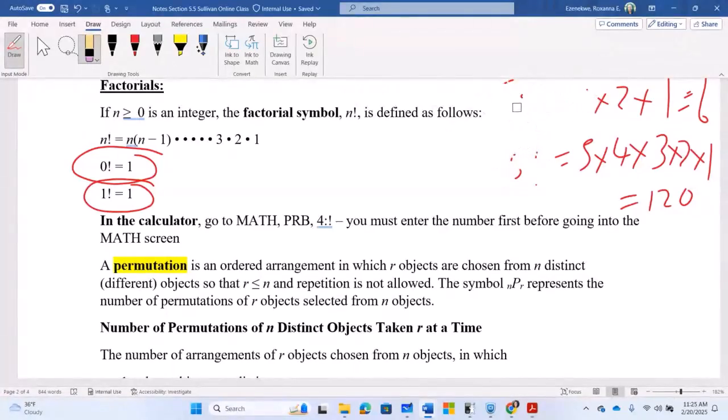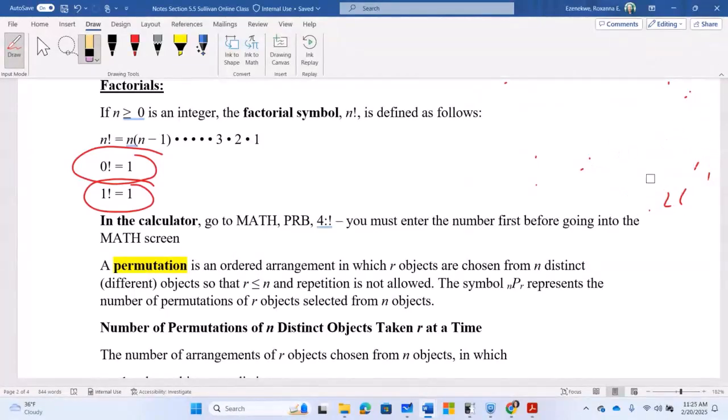The factorial symbol looks like an exclamation mark. Suppose I am told to find 3 factorial. That is 3 exclamation mark, which is the same as 3 times 2 times 1.